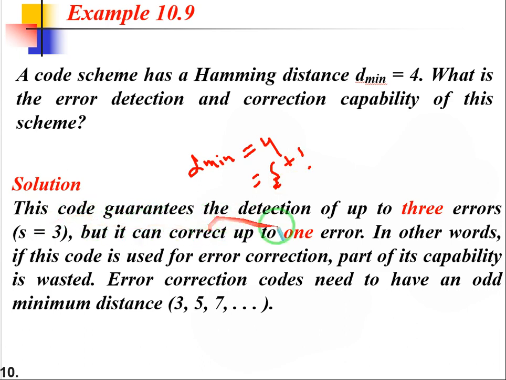This code guarantees the detection of up to 3 errors, but it can correct up to 1 error. In other words, if this code is used for error correction, part of its capability is wasted. Error correction codes need to have an odd minimum distance: 3, 5, 7, 9 and so on. I will tell you about odd minimum distance when we study error correction.